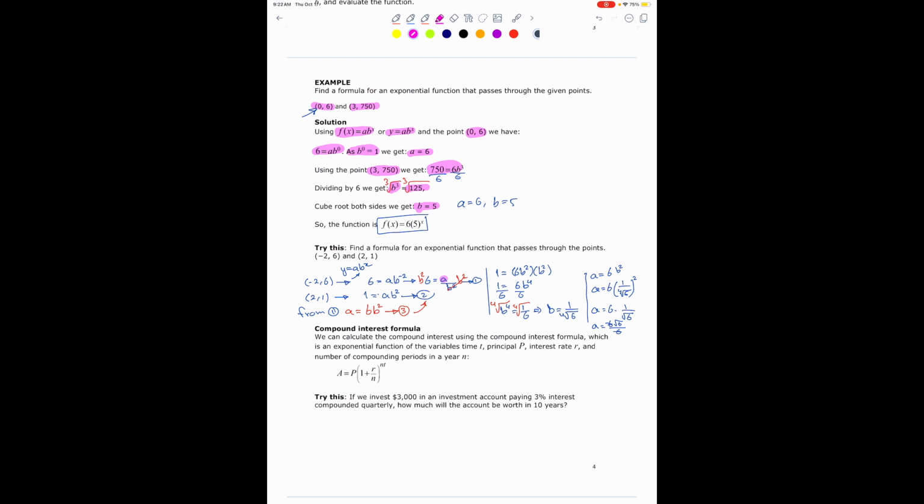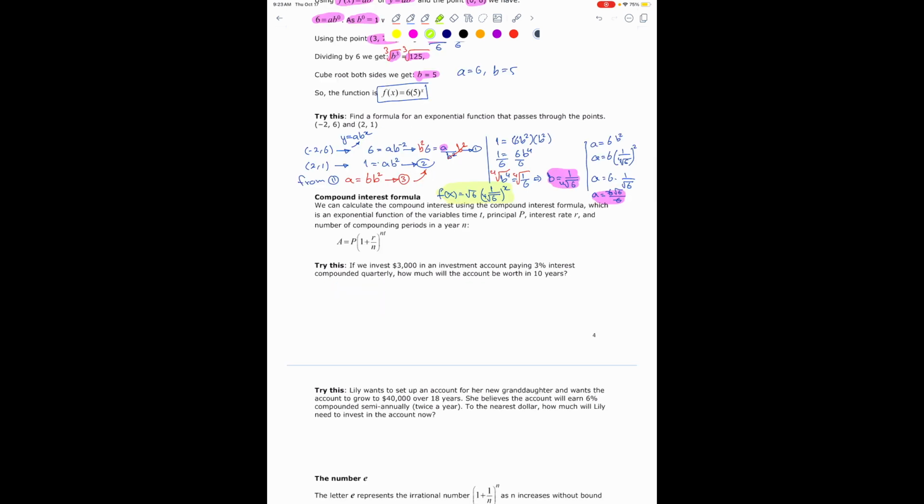So now I have a is equal to square root of 6 and b is equal to 1 over the 4th root of 6. Let me just make sure that I have the right points. Yes. So f of x, or y, equals the square root of 6 times 1 over the 4th root of 6, raised to the x power. And that is the equation of the exponential function that passes through those 2 points.